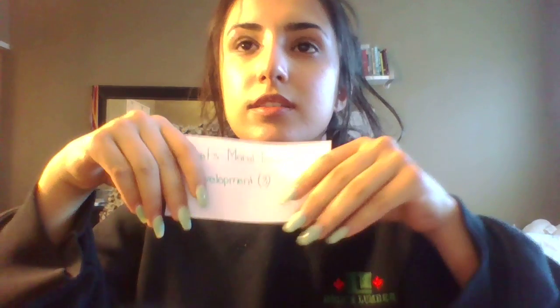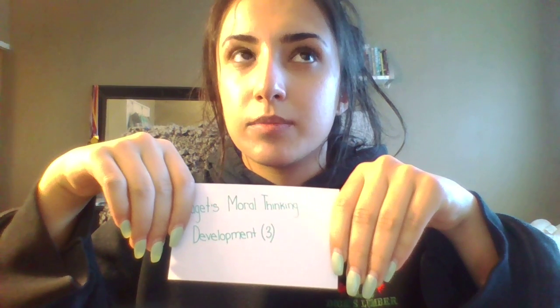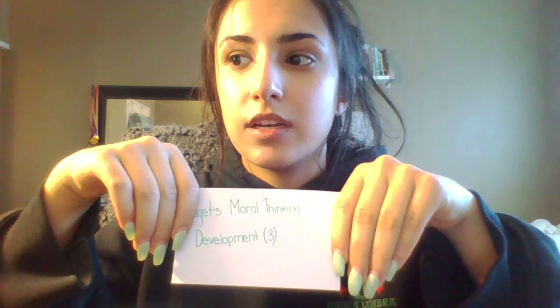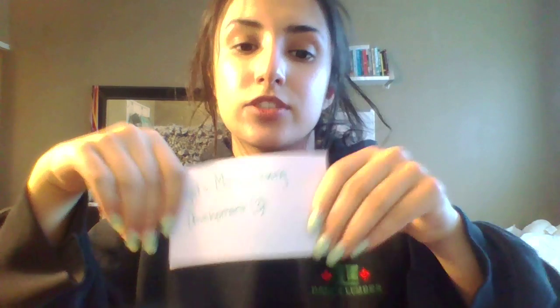Piaget's moral thinking development is realism to relativism, prescription to principles, and outcomes to intention.